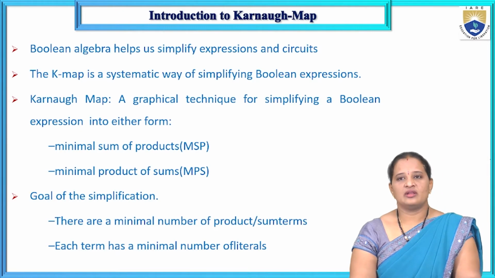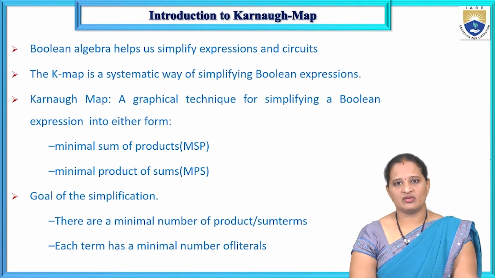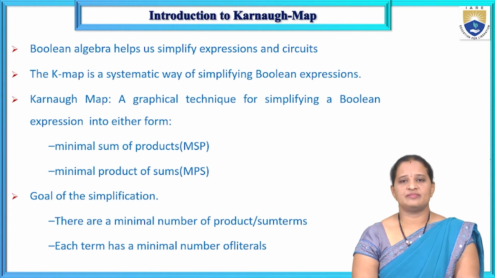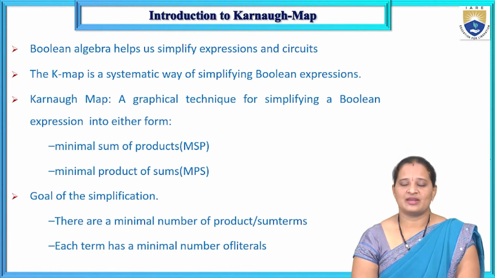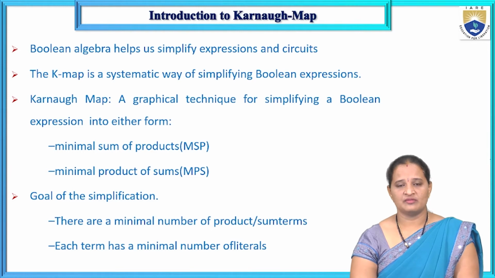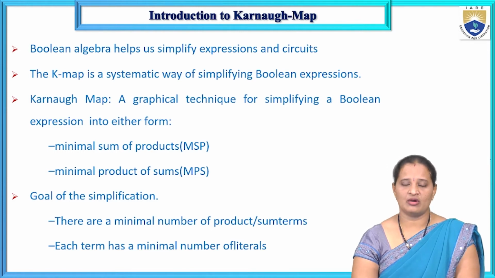First of all, let us see the limitations of Boolean algebra. Boolean algebra helps us simplify expressions and circuits, but it has a drawback: it doesn't have any systematic procedure for simplification.